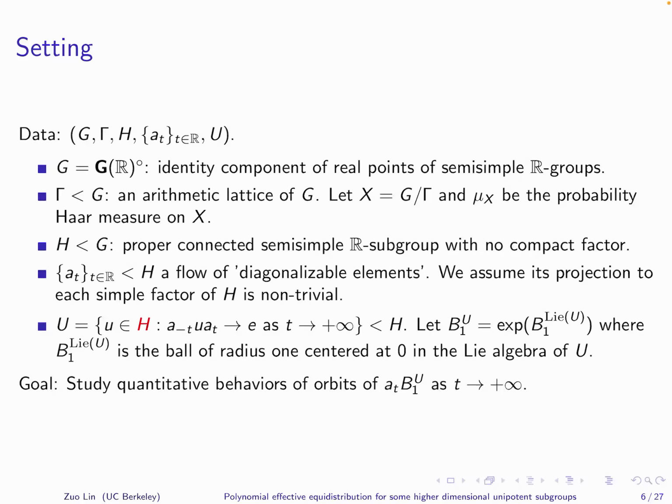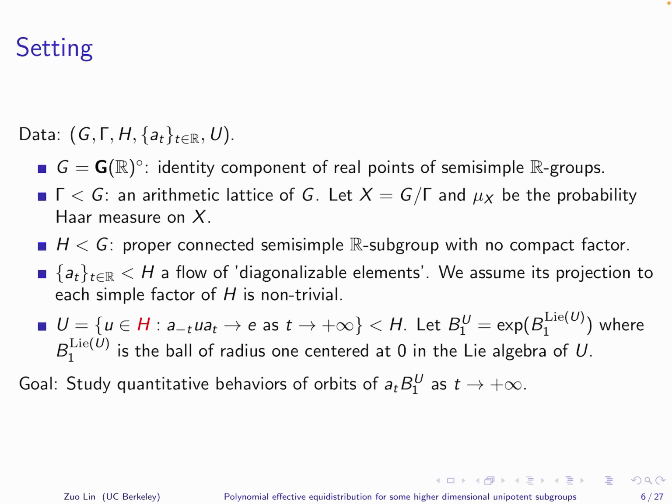And okay, now comes our main character of this talk, the unipotent subgroup. The unipotent subgroup, I will pick it to be the unstable part of this diagonal element inside this smaller group H. Or in other words, it gets contracted when you flow backwards in time.